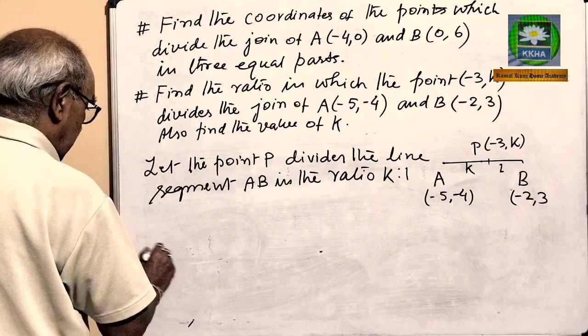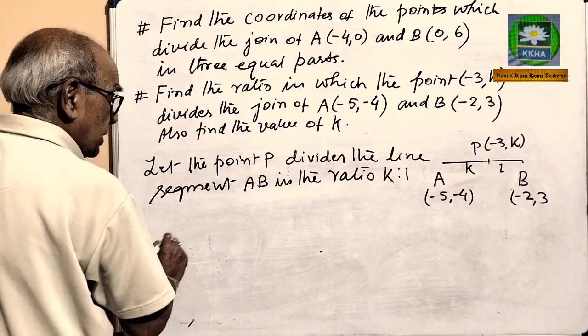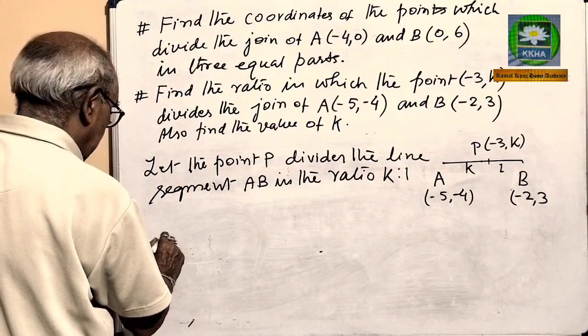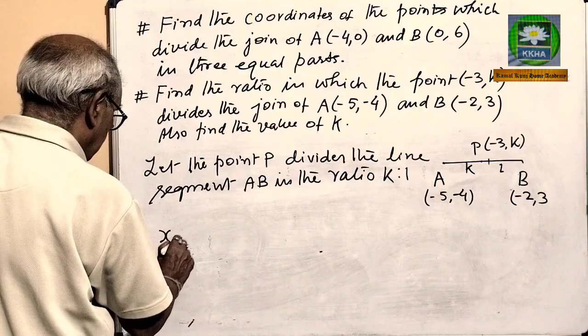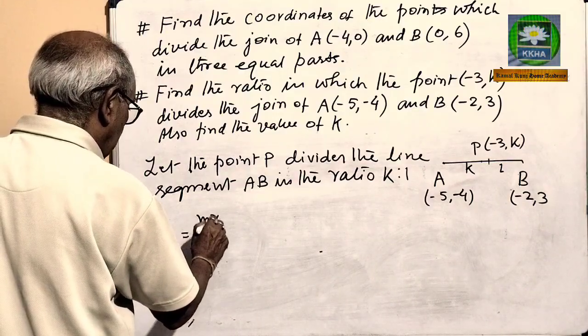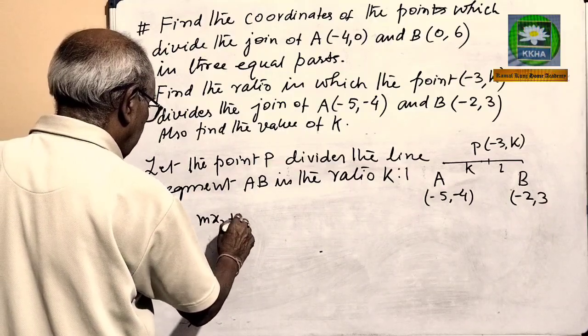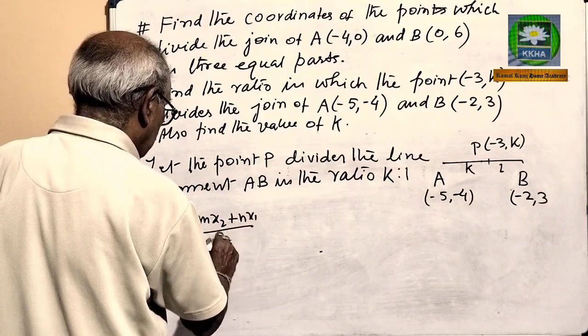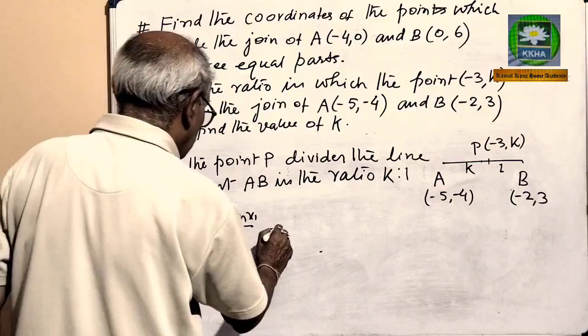Therefore, using section formula, we have coordinates of P, x equal to mx2 plus nx1 upon m plus n.